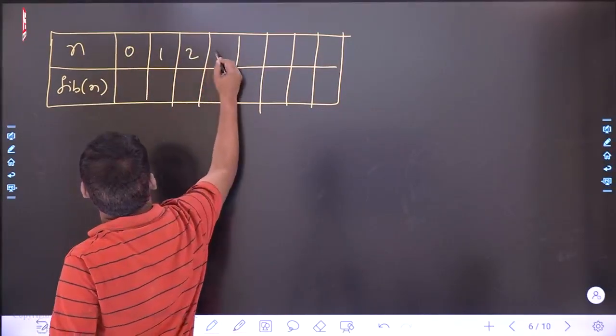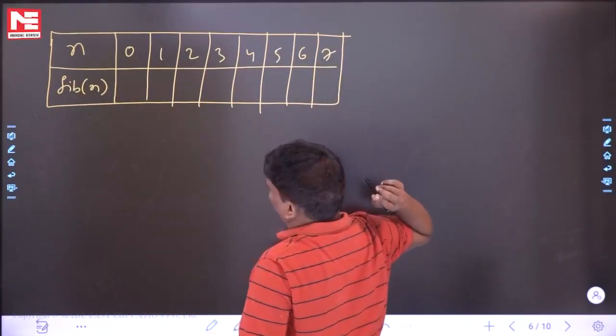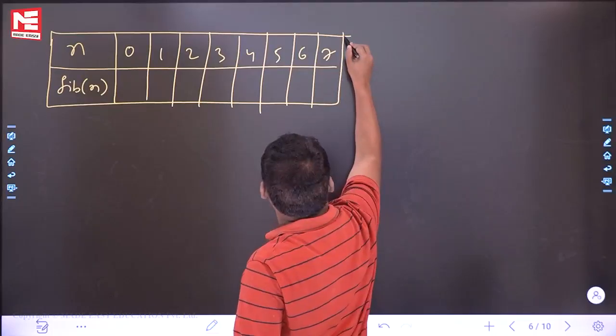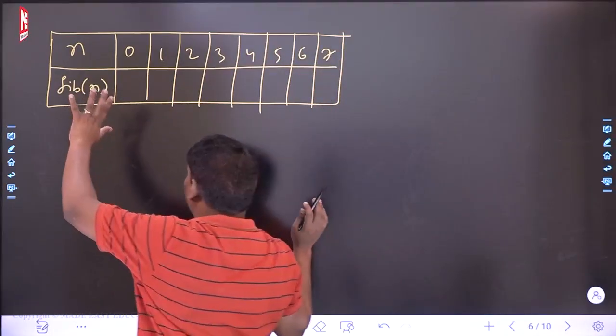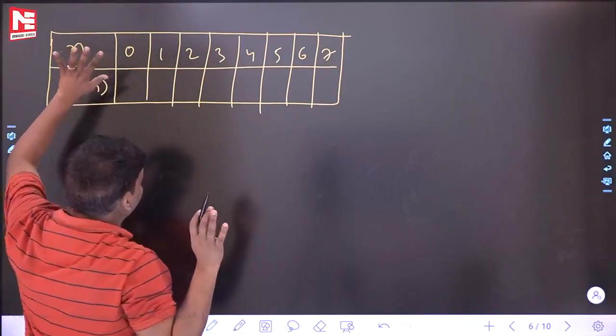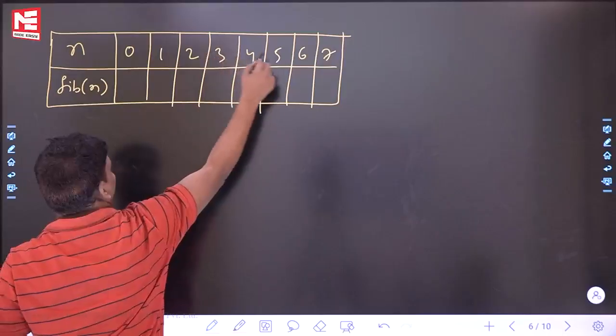Zero, 1, 2, 3, 4, 5, 6, 7. I think this is the n. I am explaining now what is the answer of this problem. Please listen carefully. 0, 1, 2, 3 and so on up to 7.